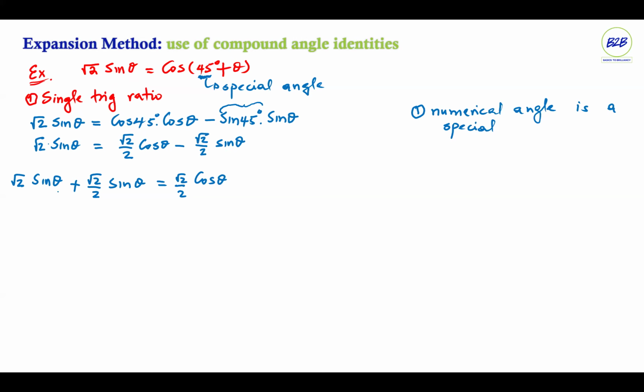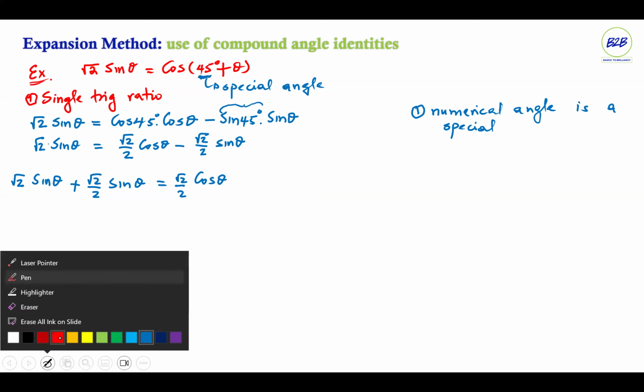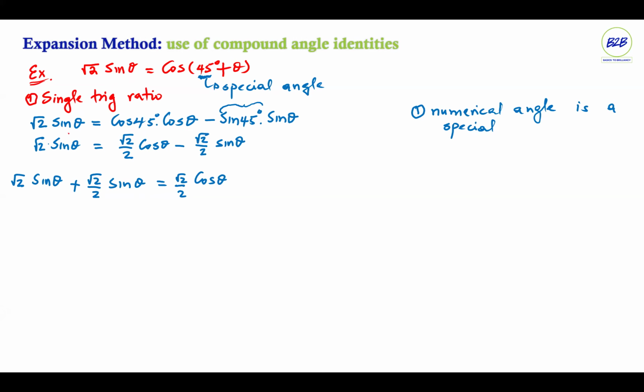And then going to the second important point now, what we have just discovered is that this root 2 sine theta and that negative root 2 over 2 times sine of theta, those two are like terms.